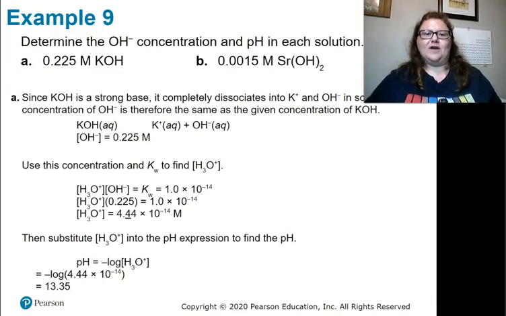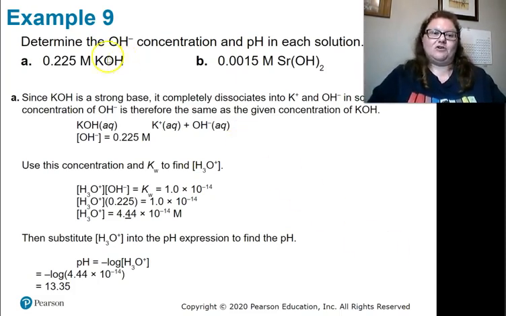So since KOH is a strong base, it'll completely dissociate into potassium ions and hydroxide ions. The concentration of OH is the same as the given concentration of our base, KOH. So we can make the statement that KOH is equal to this dissociation, which means the OH is equal to the KOH.